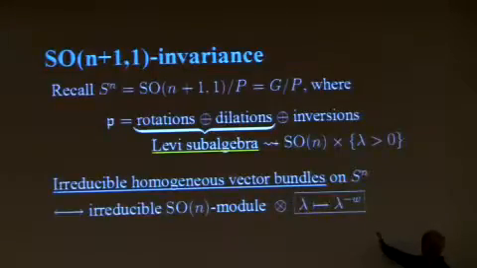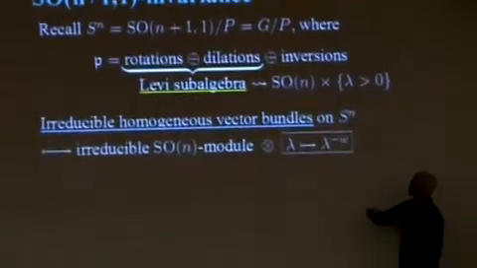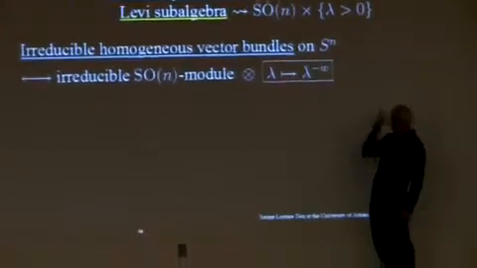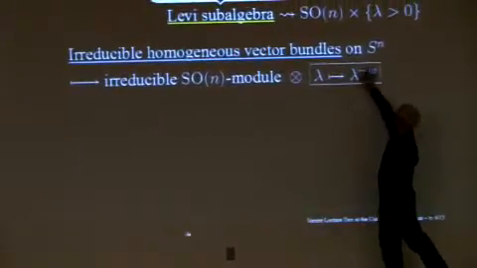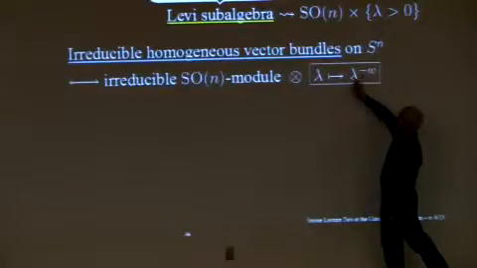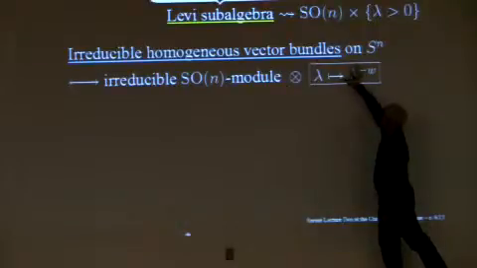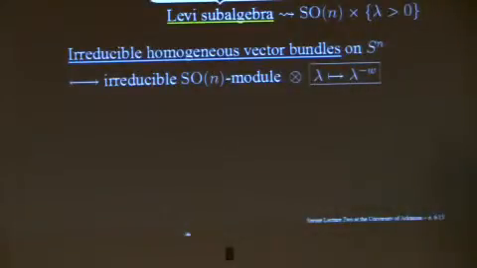And in fact, what's really going on now, if you try and link this with the previous slide, this notion of conformal density, then the number W, and my conventions are such that there's actually a change of sign here, but the number W comes in how this part acts. So there's a bunch of homogeneous vector bundles on the sphere, and they're controlled by the way that these two pieces act.